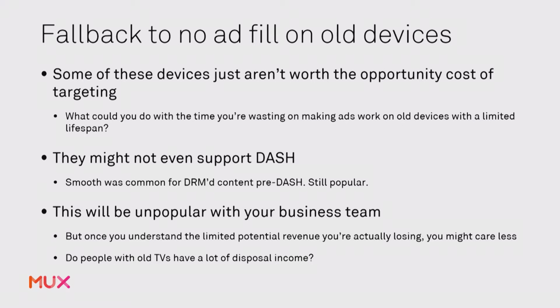So you can totally fall back to not ad filling on old devices. This is totally fine. Your business team will hate this, to be clear, but the cost of supporting 0.002% of users on an old LG smart TV way outweighs any money you're ever going to make coming in from ads on those devices. These devices might not even support DASH, let alone DASH plus DRM plus ad insertion.